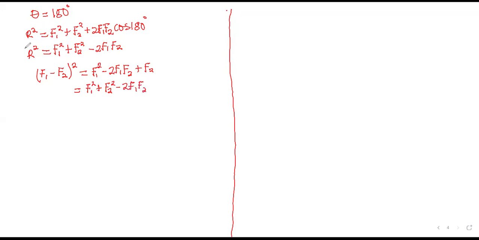You see, we can equate the right-hand side of what I have put into the rectangle to f1 minus f2 all squared. So r squared is equal to f1 minus f2, all squared, since the expansion is equal to it.